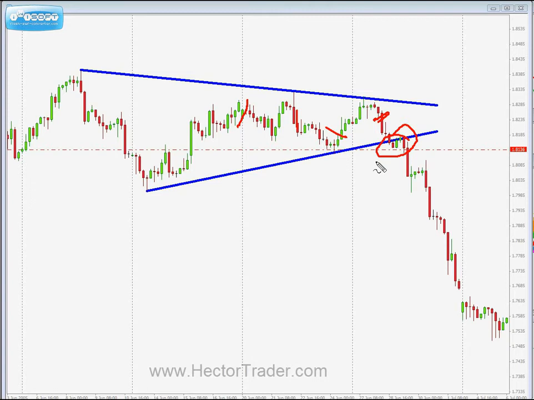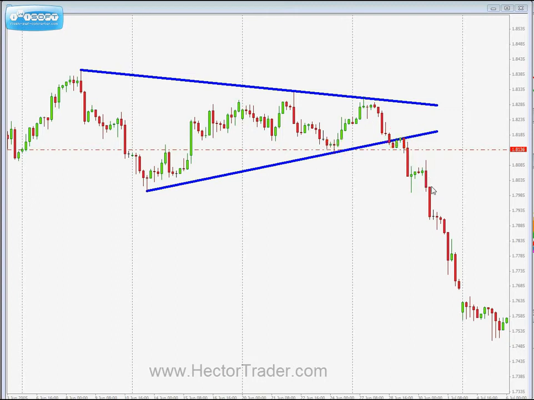And finally, the third reason why this type of setup is a high probability trade is because not only are you trading in the direction of the main trend, not only are you waiting for the right time to enter the trade, but you are also waiting for the confirmation of the breakout. The confirmation comes, as I was saying, in the breakout pullback continuation pattern. It shapes up as that once you confirm that the previous level of support becomes resistance.